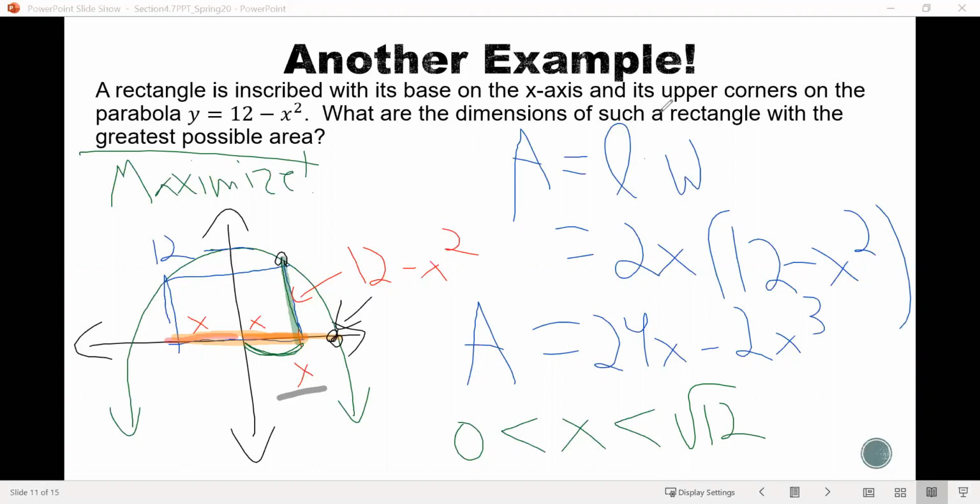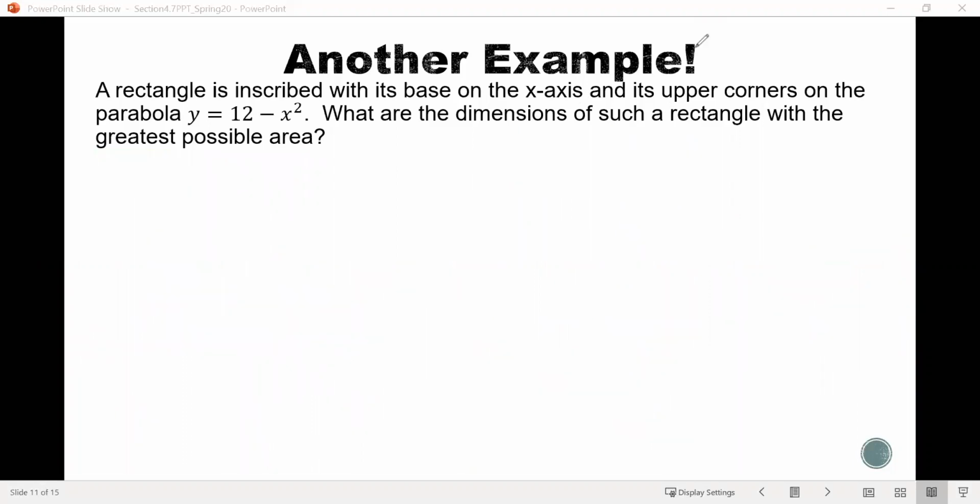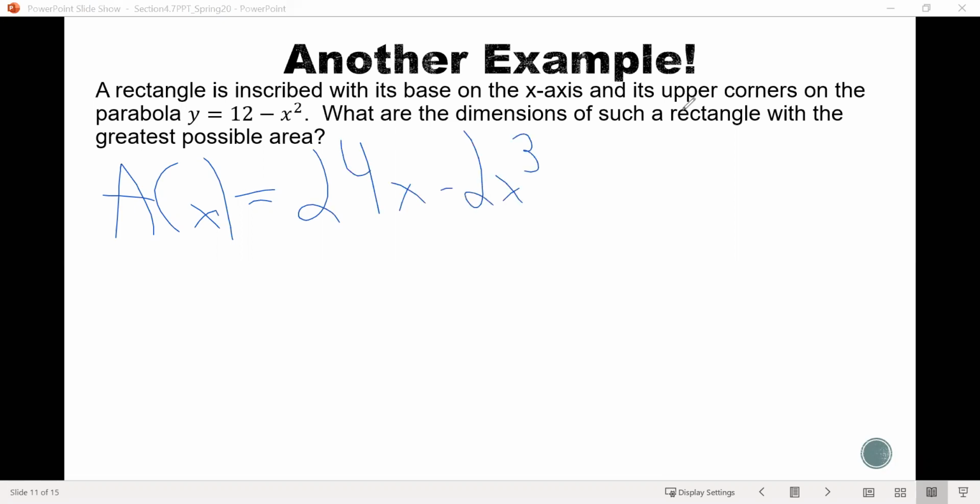All right, so now that we have that, I'm going to clear this out. So again, our area function is 24x minus 2x cubed, and then we have again that x is between 0 and square root of 12.